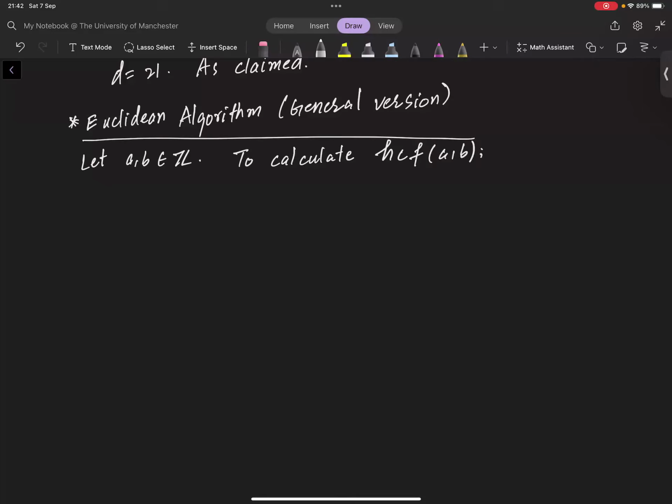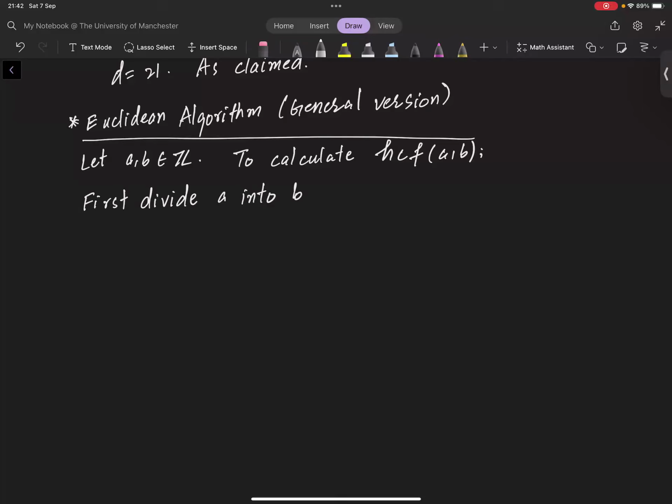And we do that by performing mindless steps as explained in the previous part of this chapter in the example. So first, divide A into B. I hope everyone understands the meaning of this phrase.